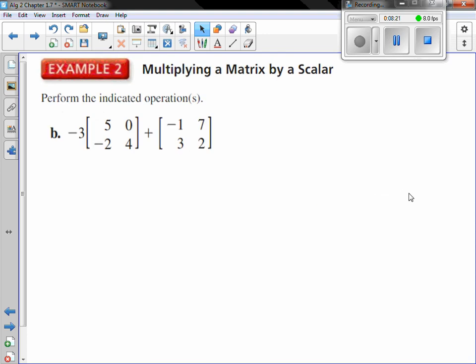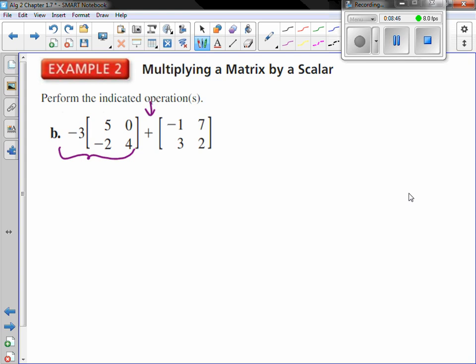So what we can do is we can use that scalar multiplication and our addition and subtraction at the same time. So like this here. Now, anytime we have a scalar multiplication and addition or subtraction, we always do the scalars first. You're always going to want to multiply by the scalar first and then do the addition or subtraction.